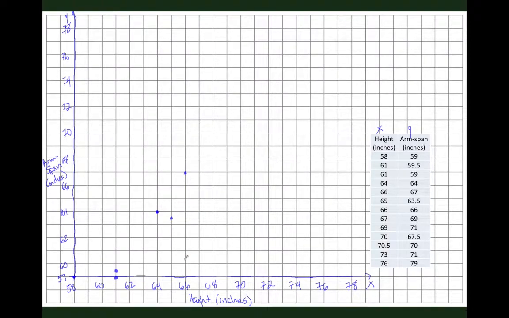And another ideal, 66, 66. 67, 69. Let's see, 69, 71.